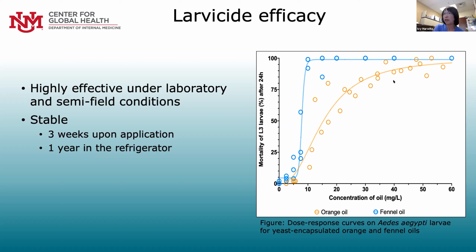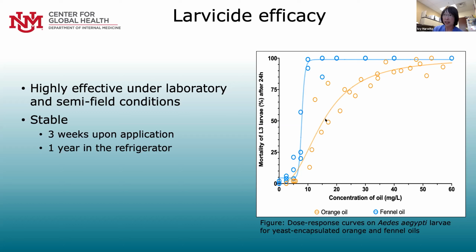The amount of encapsulated fennel oil necessary to kill 50% of Aedes aegypti larvae in 24 hours is under about 7.5 milligrams per liter. And for orange oil, it is approximately 20 milligrams per liter.